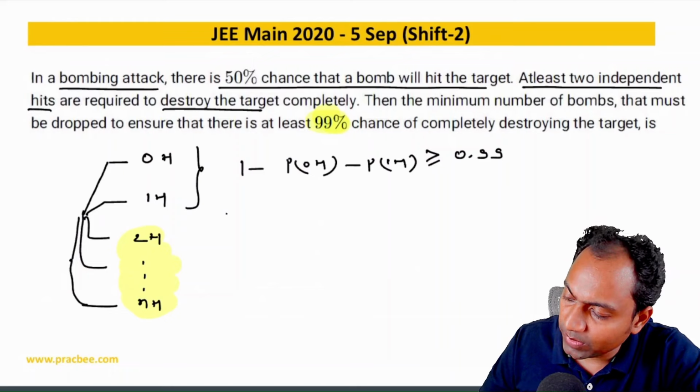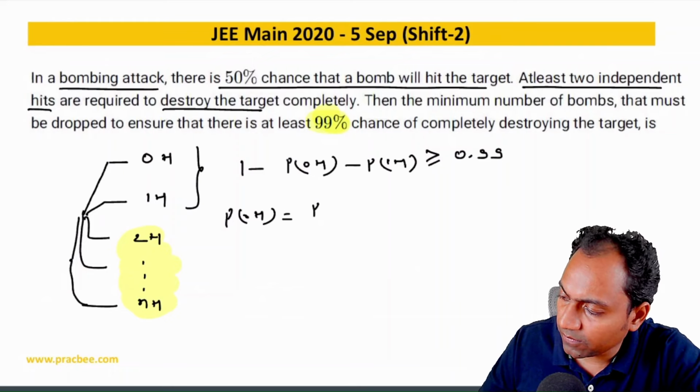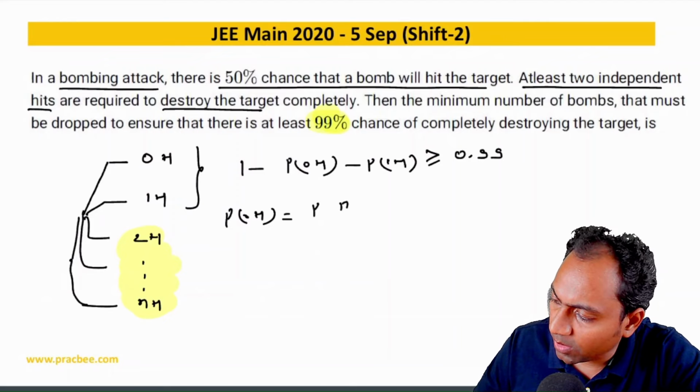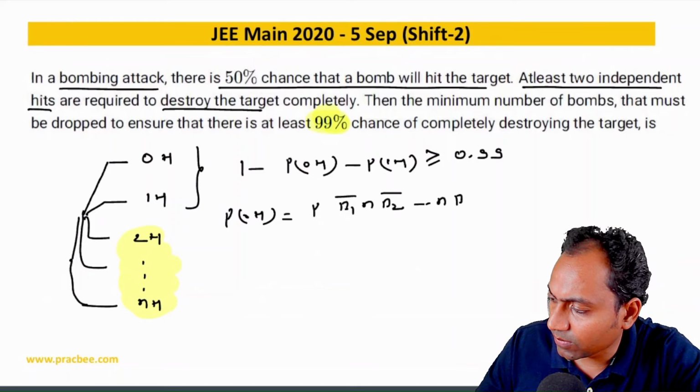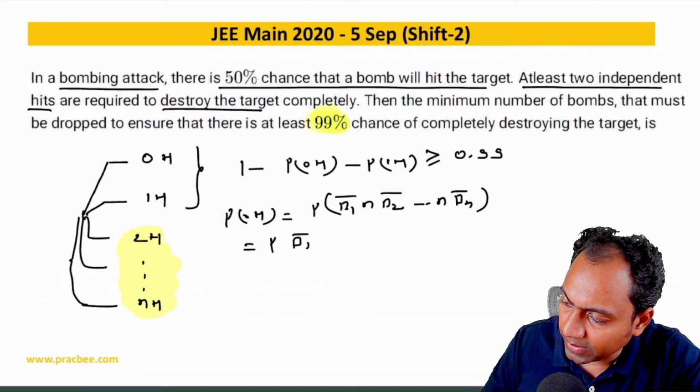Now what is the probability of 0 hit? So 0 hit will happen when the first bomb did not land, the second bomb also did not land. Like this, none of the bombs landed. So this can happen, since all are independent events, as P of B1 bar into P of B2 bar, like this we can go till P of Bn bar.